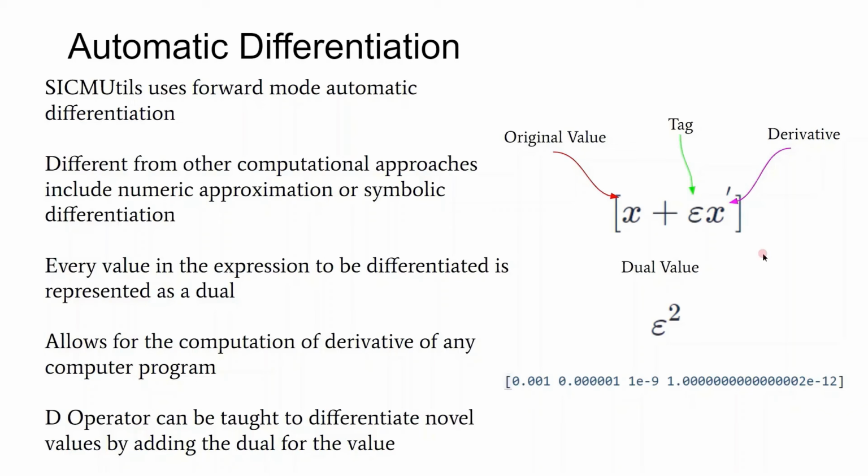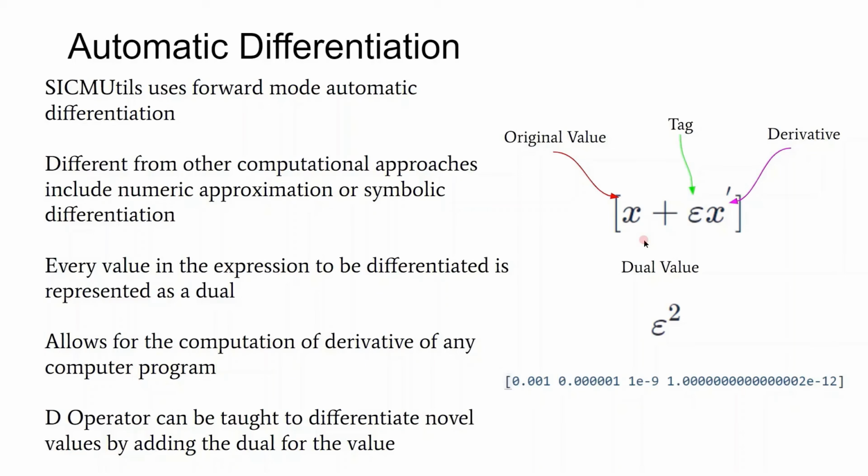Rather, it represents every value in the expression to be differentiated as a dual. A dual is a value with two parts, the original value and the derivative as the second part. We attach a tag of epsilon to the derivative.